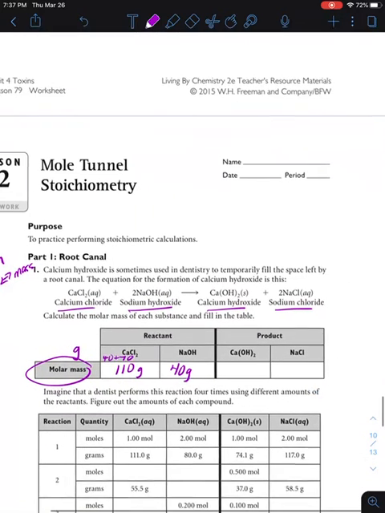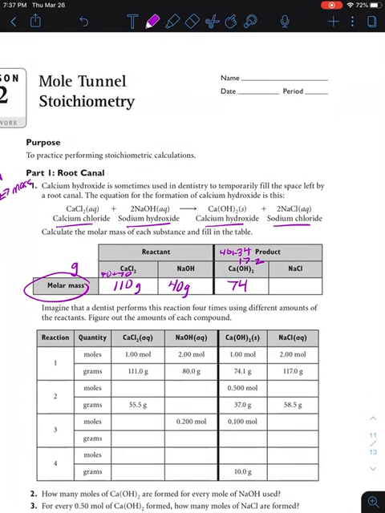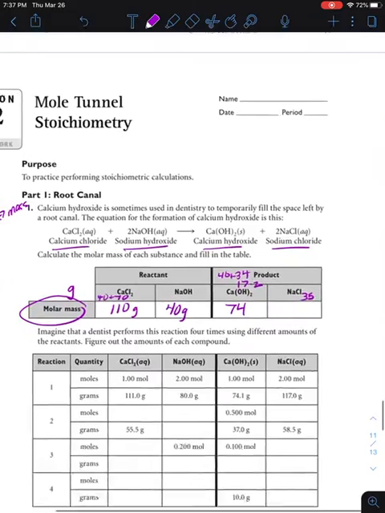Calcium hydroxide, so this is going to be 17 times 2. That's going to be 34 plus 40, roughly about 74. Okay. And NaCl, Cl is going to be 35, and Na is going to be 23.